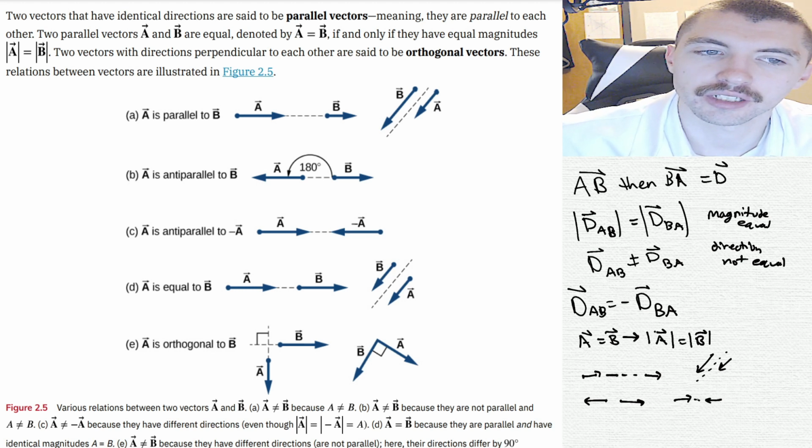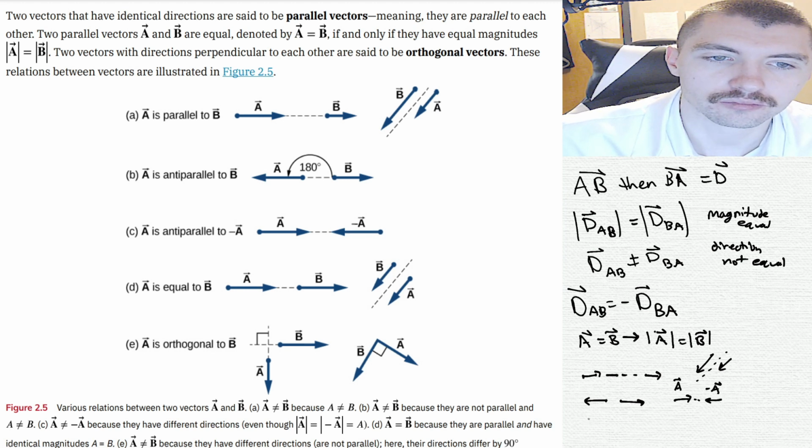These are anti-parallel. They're the same size, same magnitude and direction, they're equal. Okay, and then orthogonal.